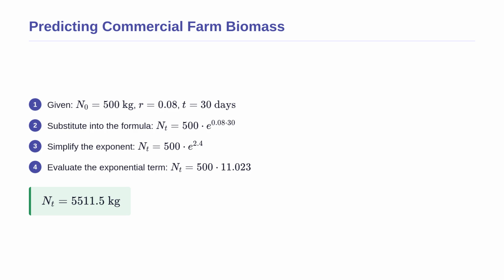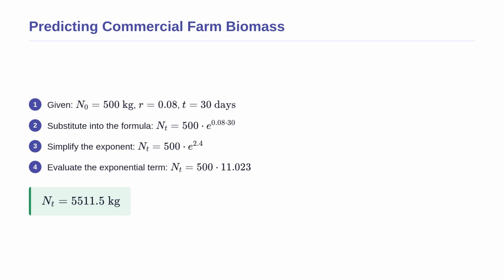Let us apply this exponential formula to a real commercial farm. Farmers plant an initial biomass of 500 kilograms of red seaweed. It grows at a continuous rate of 0.08 per day. We need to calculate the total biomass after 30 days. First, we substitute our known values into the equation.